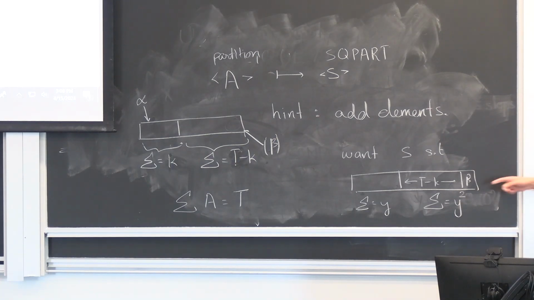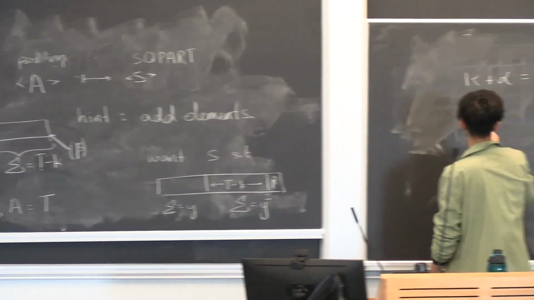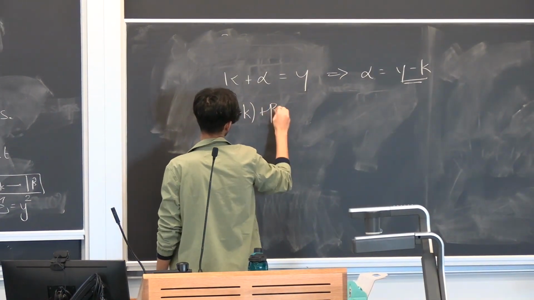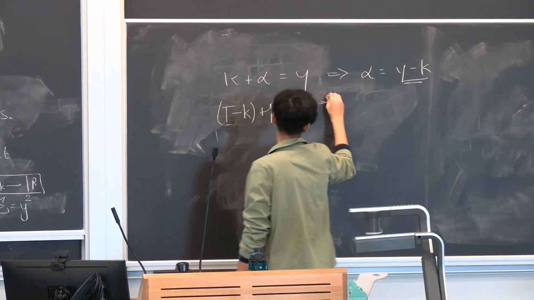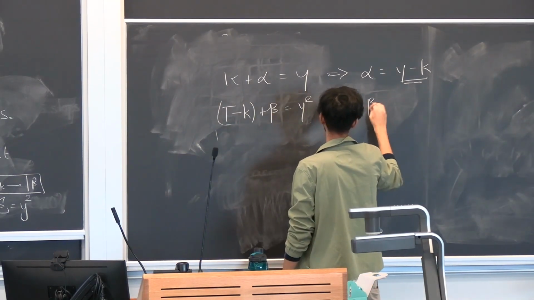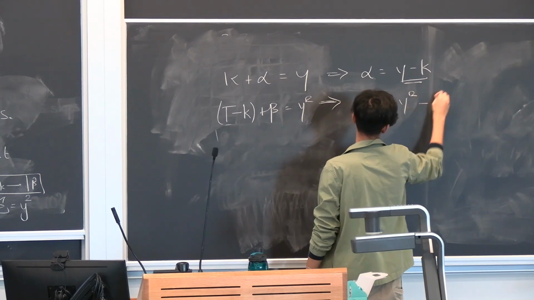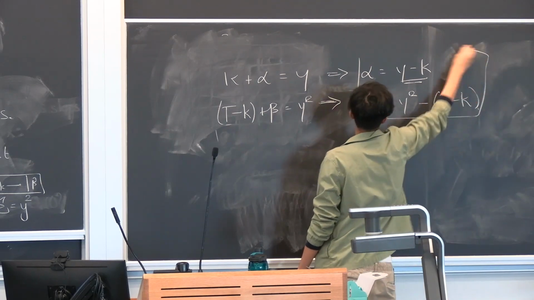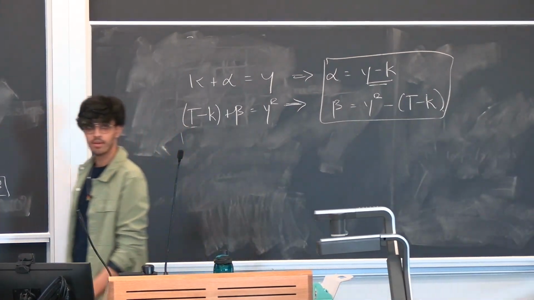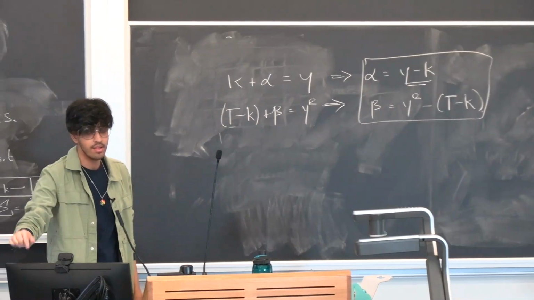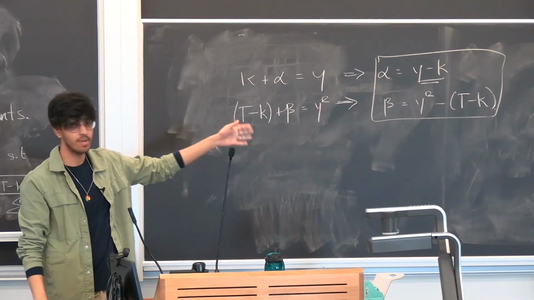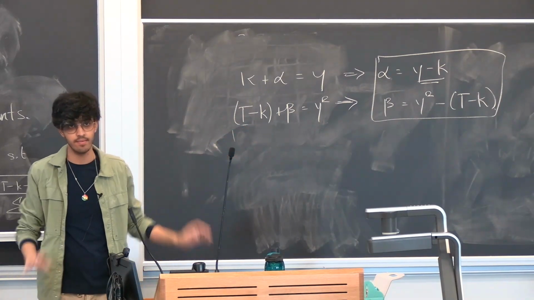I have t minus k plus beta gives you y squared, right? T minus k plus beta equals y squared, which then tells me that beta needs to be y squared minus t plus k. Literally pick any y, and you will be able to just substitute alpha and beta, and everything will work out magically.